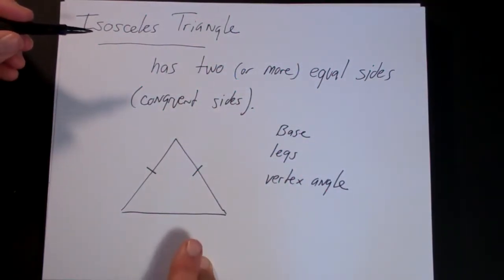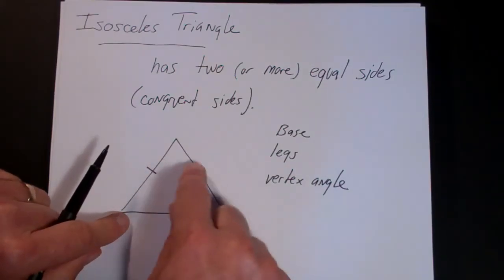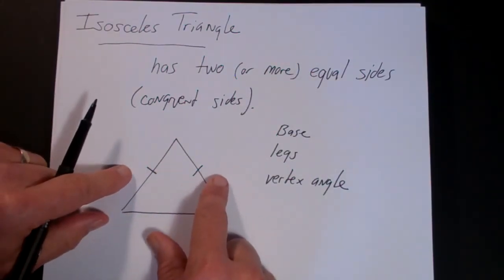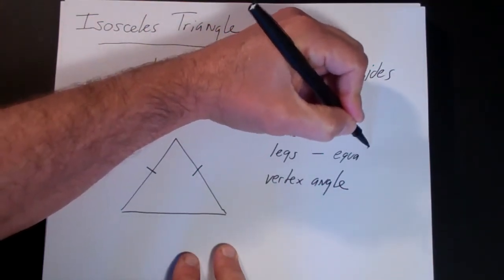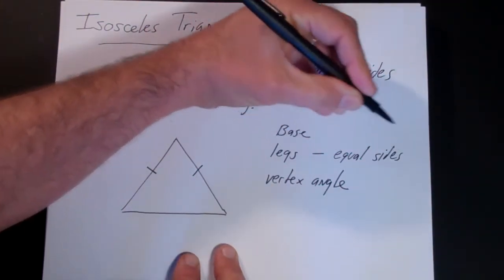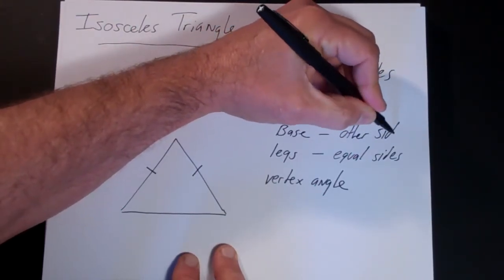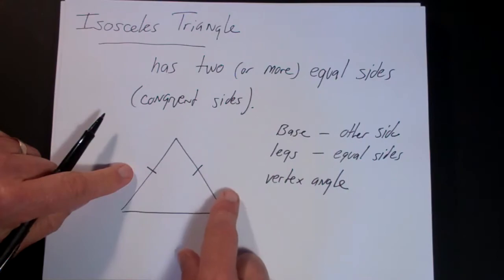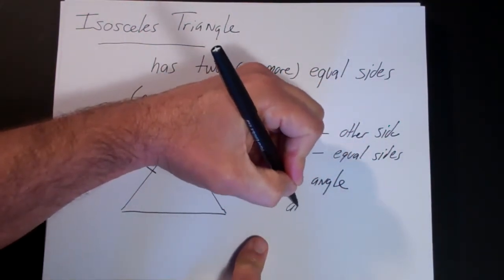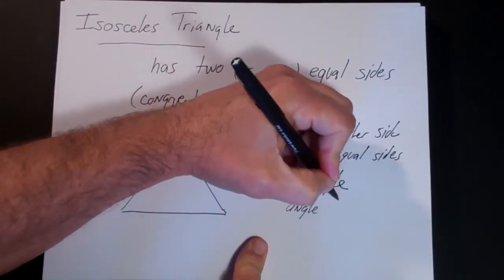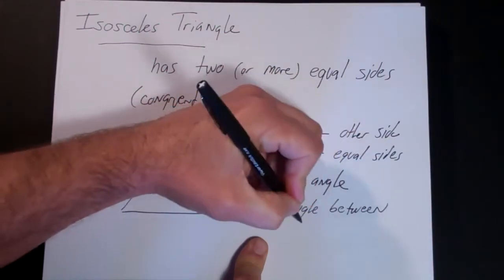The base is defined as the side which is not necessarily equal, and the legs are the equal sides. And the vertex angle is the angle between the legs, or between the equal sides.